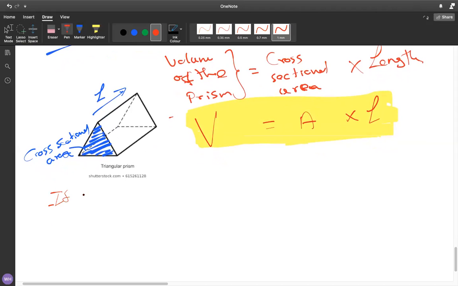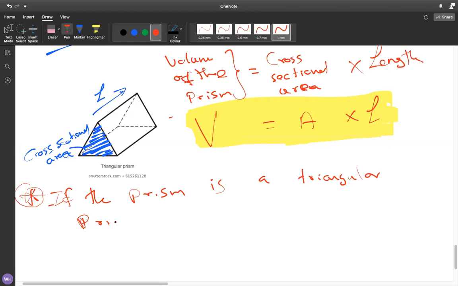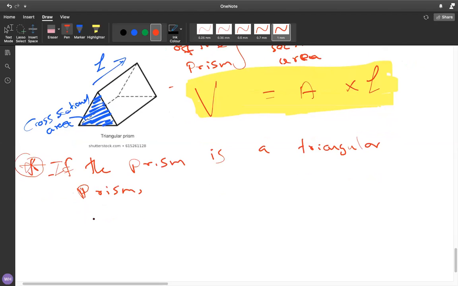If the prism is a triangular prism, then what happens?